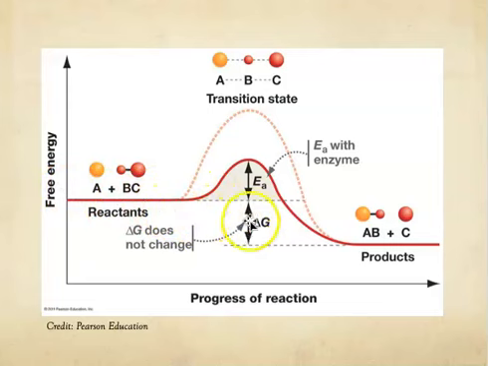The delta G, the G of the products minus the G of the reactants, does not change. It is inherent to the reaction, which is why we can name a reaction an exergonic reaction. Name it as being endergonic. It doesn't matter whether or not an enzyme is involved. The nature of G doesn't change.